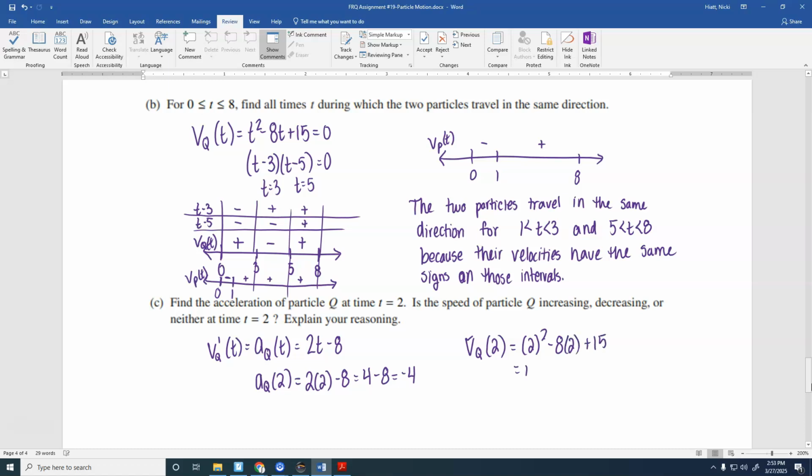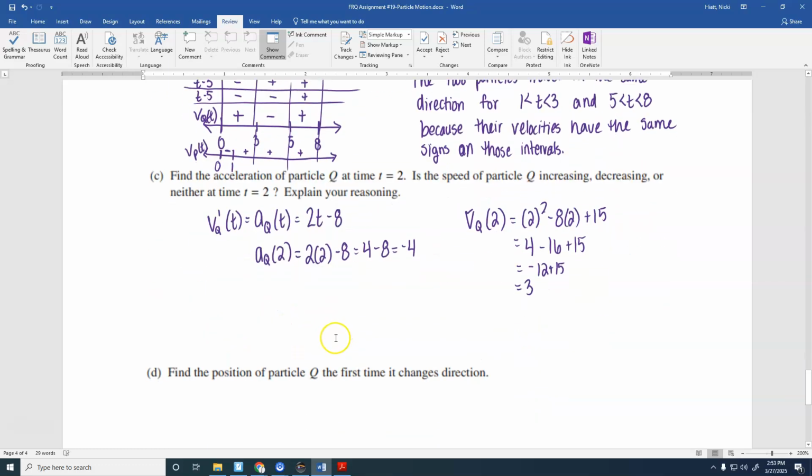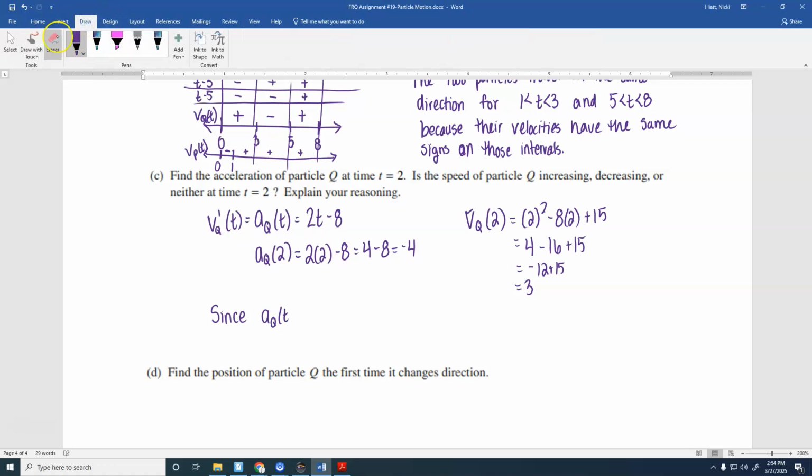This is going to give you 4 minus 16 plus 15, which is negative 12 plus 15, which will give you 3. And then I would say, since a sub q of t, so we're talking about only at the point 2, so it's a good idea to put 2, and v sub q of 2 have opposite signs.